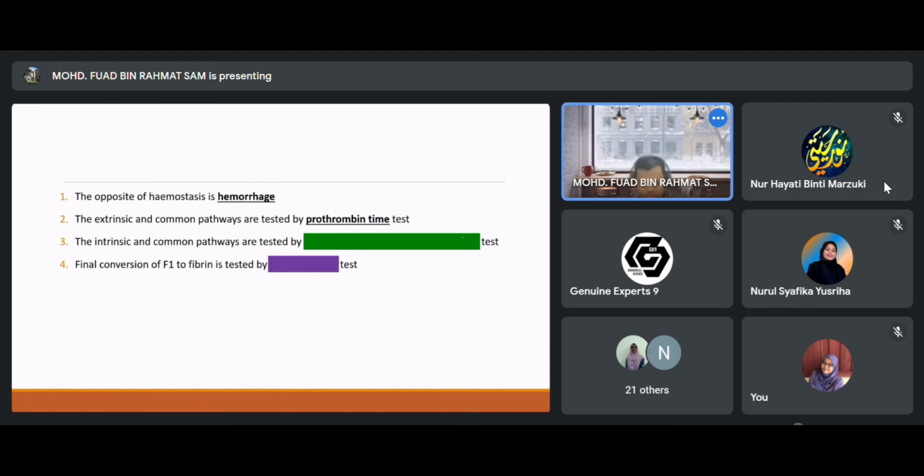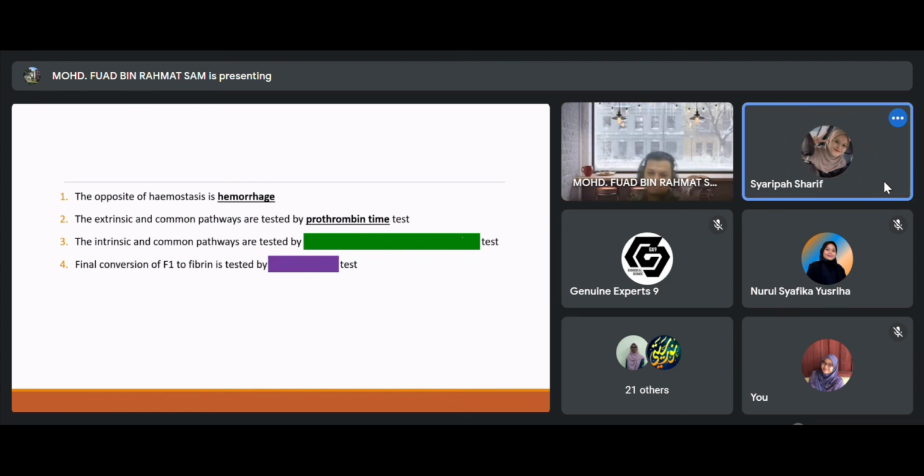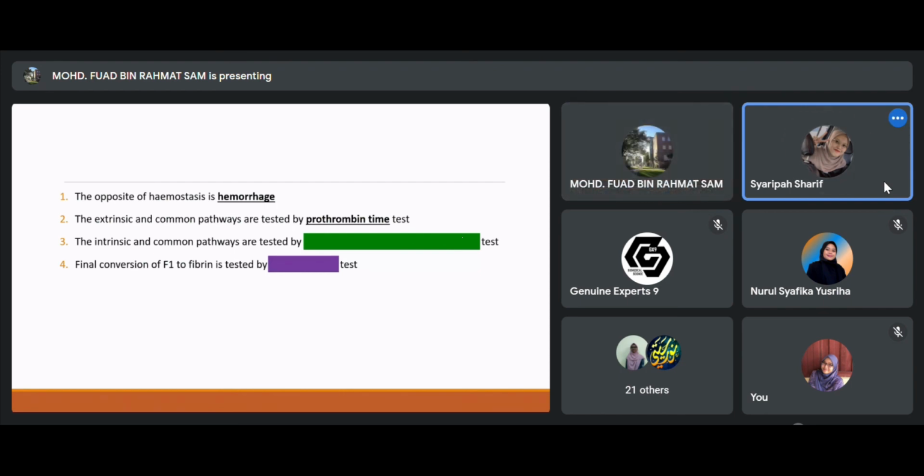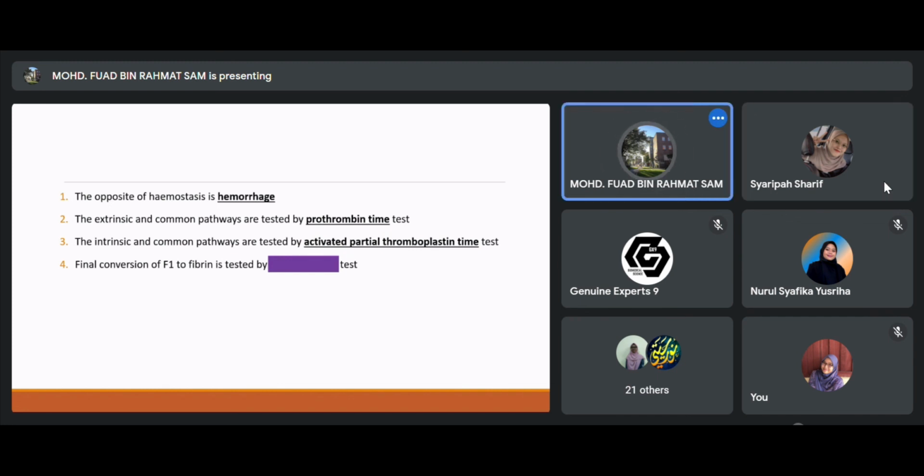Great, thank you. Sharifah Dora, how about number 3? APTT. APTT stand for? Activated partial thromboplastin time. Yes, great, thank you. How about the last one? Maybe Haizatul Umiyah.